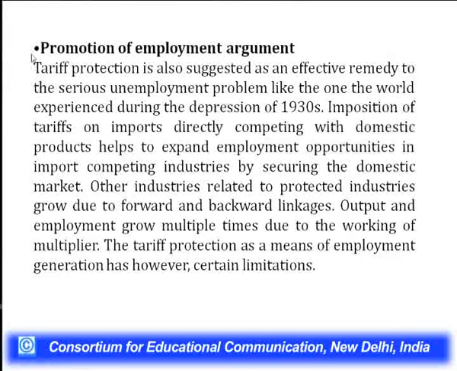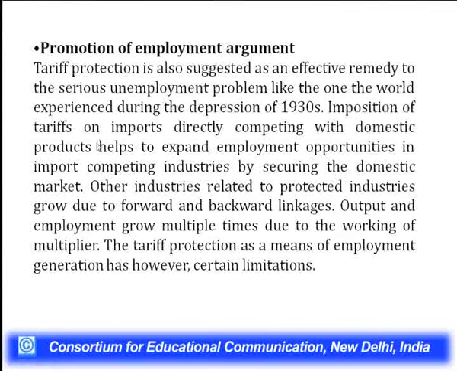Another argument is the promotion of employment argument. Tariff protection is also suggested as an effective remedy to a serious unemployment problem like the one the world experienced during the depression of the 1930s.